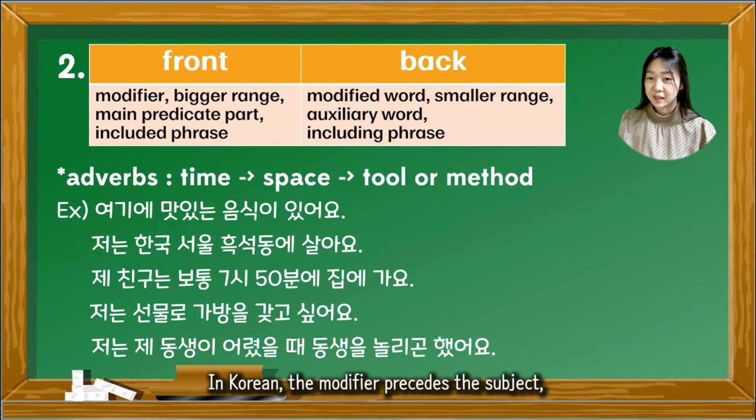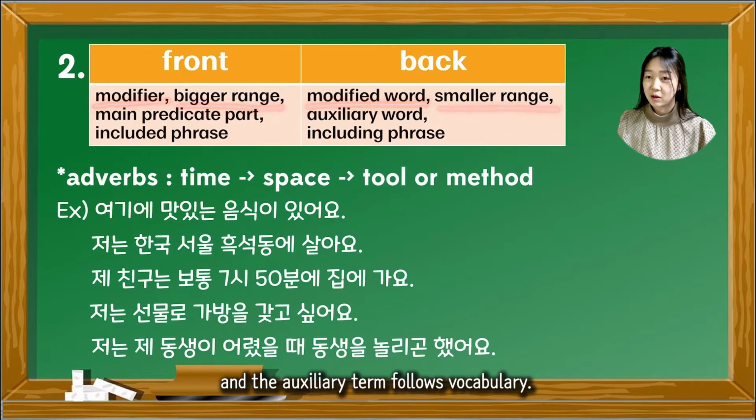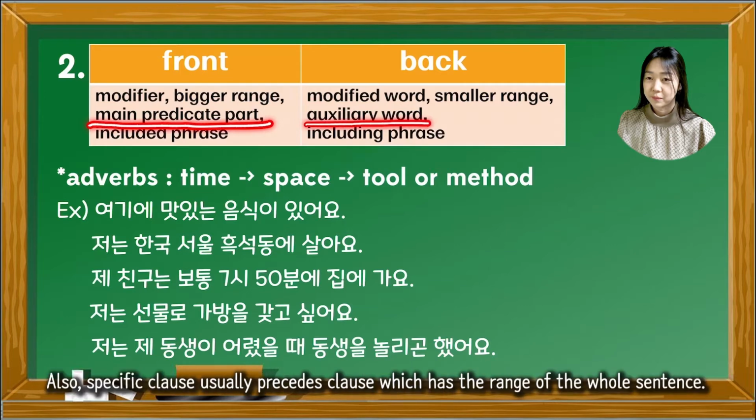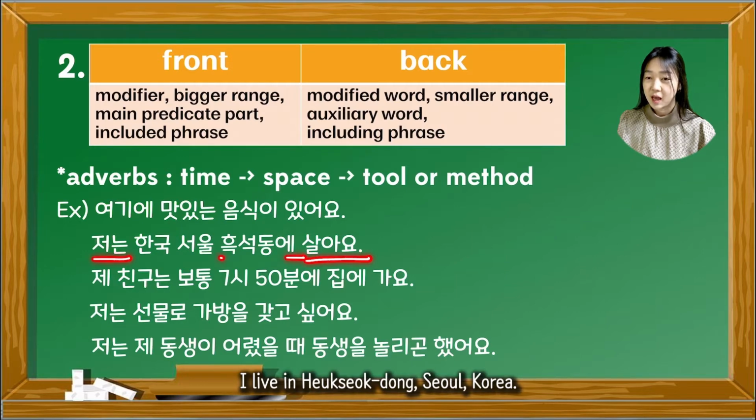In Korean, the modifier precedes the subject. The expression of the larger unit precedes the expression of the smaller unit, and the auxiliary term follows vocabulary. Also, specific clause usually precedes clause which has the range of the whole sentence. Here is a delicious food. I live in 흑석동, Seoul, Korea.